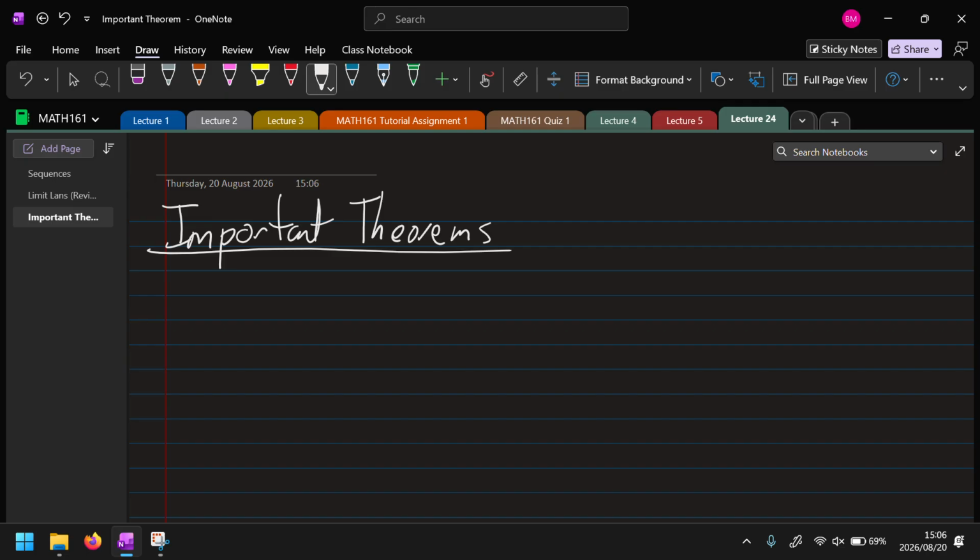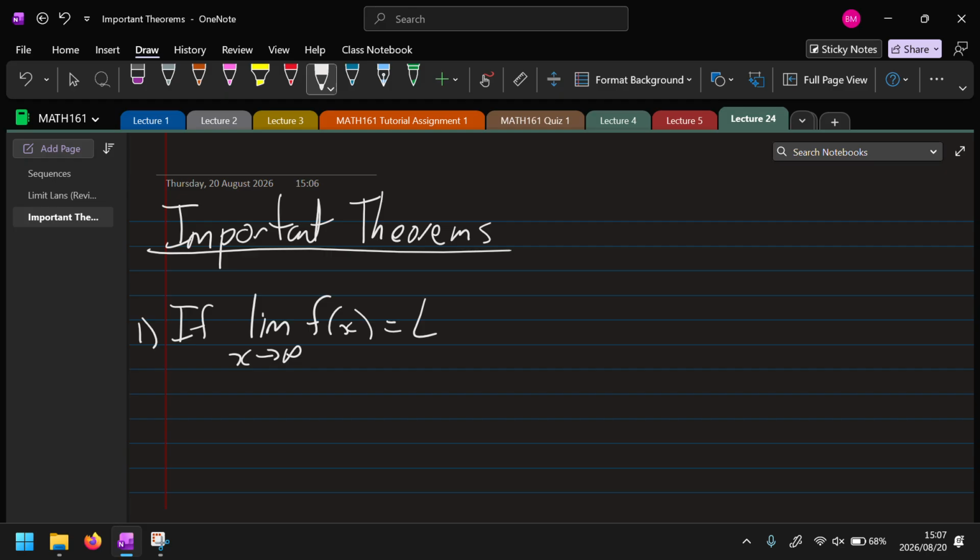Okay, so theorem number 1. If the limit as x goes to infinity of f of x is equal to L, here when I write x, this is last year calculus, right? With the x.